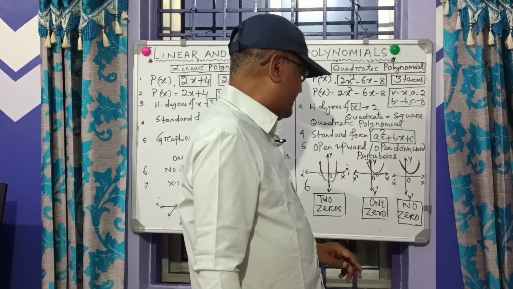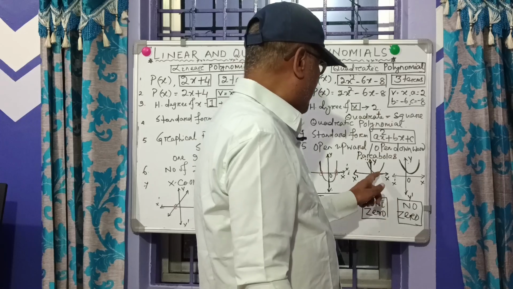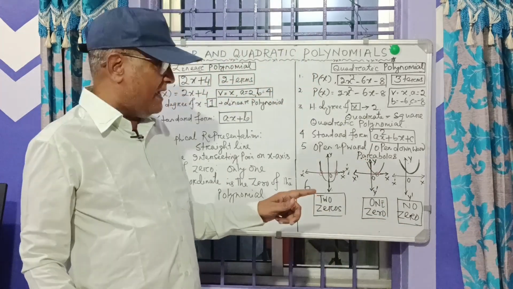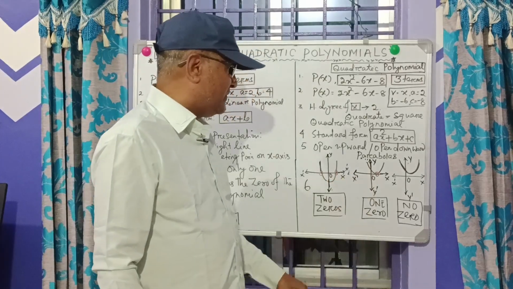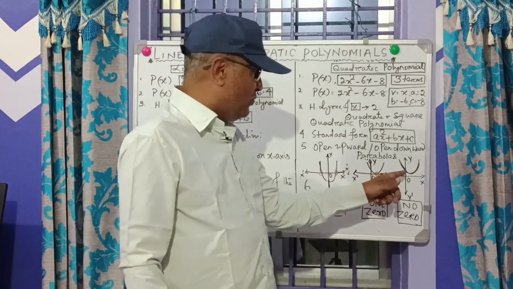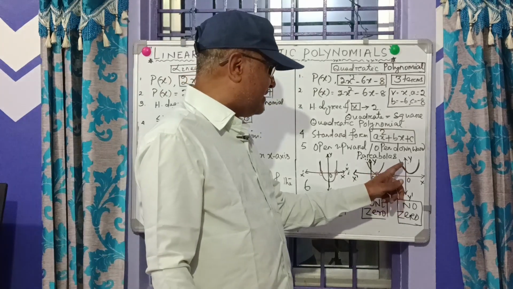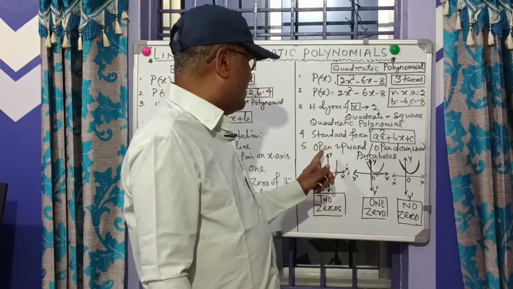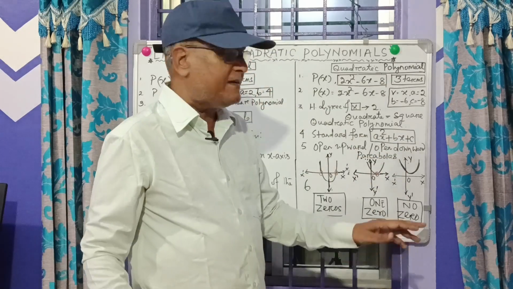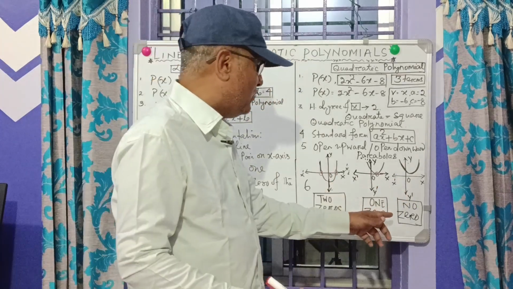In the second case, though it is open upward, it intersects the x-axis at only one point. So it has only one zero. Now look at the third case. In the third case, the open upward parabola doesn't intersect the x-axis, meaning it has no zero.